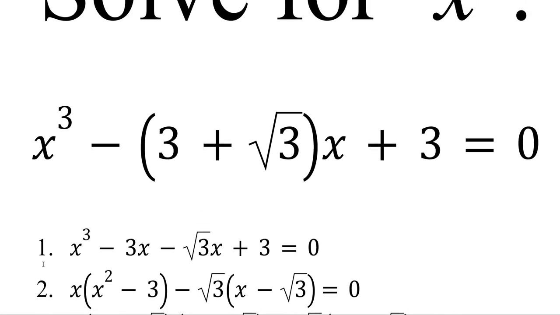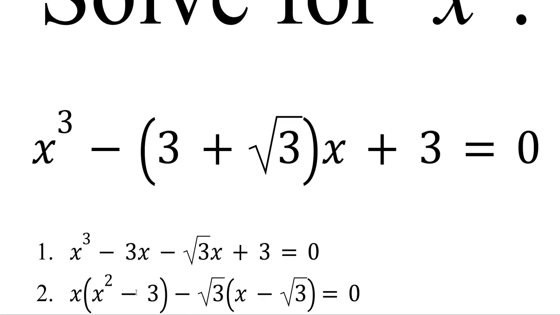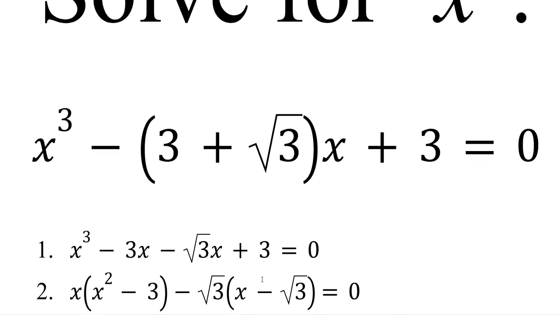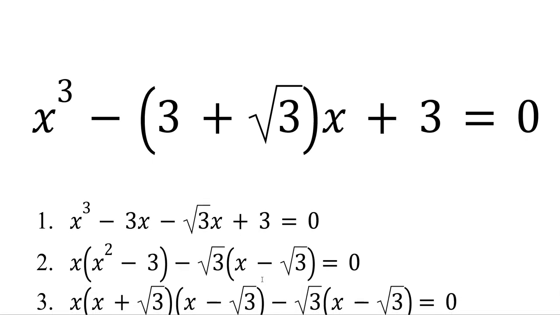As you can see, you have x squared minus 3 common here, and here you have x minus root 3. So again, you can take x minus root 3 common, using the identity a plus b into a minus b is equal to a squared minus b squared. So doing that, you have this.